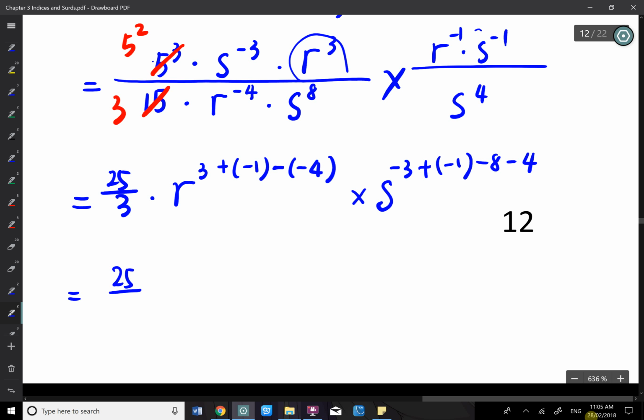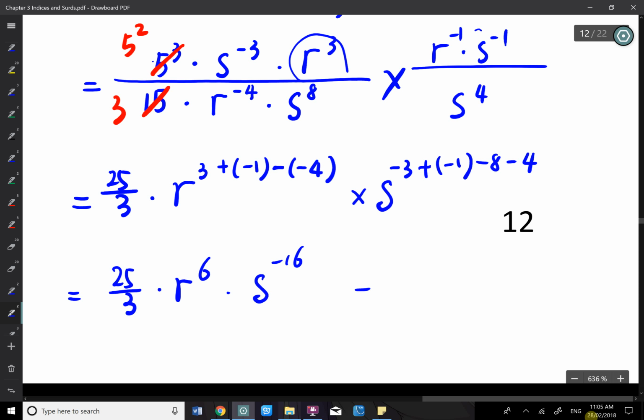So that's 25 over 3. What we have is 3 minus 1 is 2. 2 plus 4 is 6. That's r to the power of 6. And the s, well, that's negative 4 and negative 12, negative 16. Yes, negative 16.